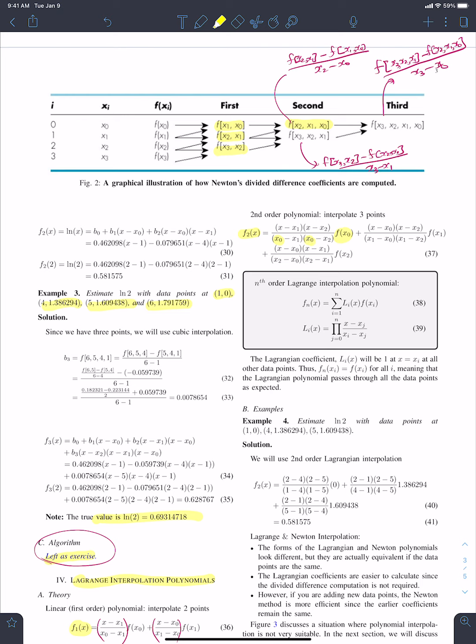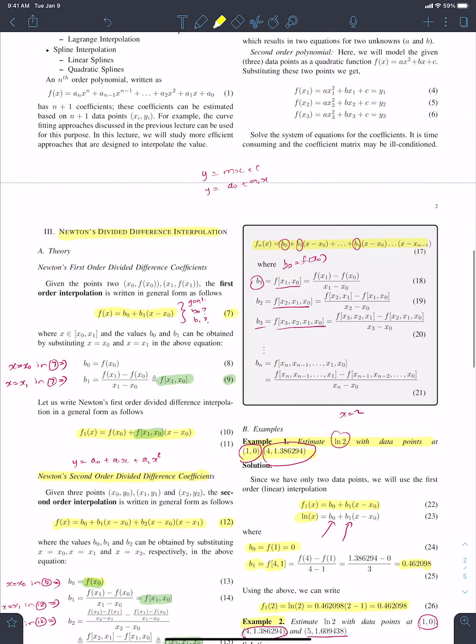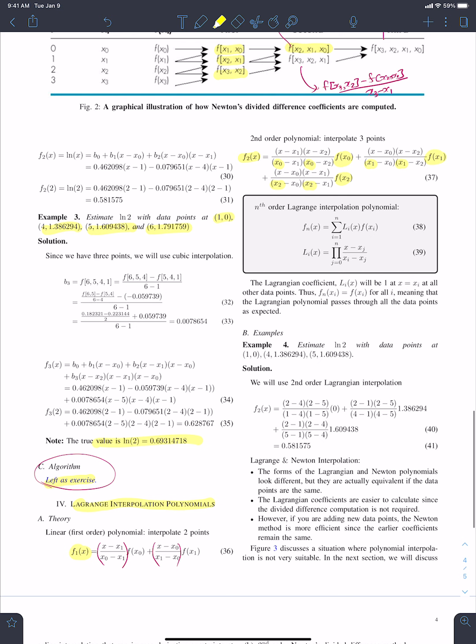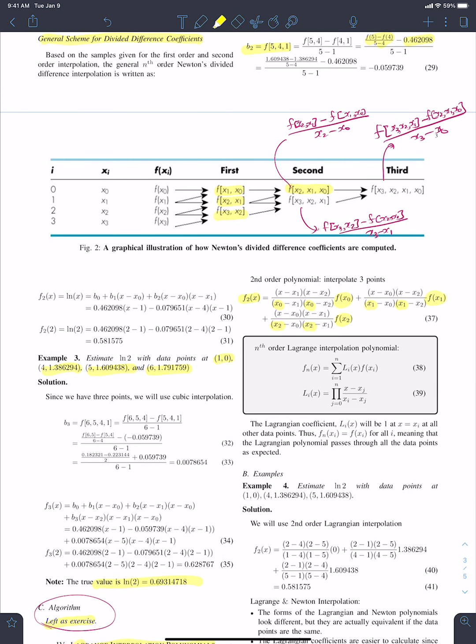Then for f(x1), there is no x1 in the numerator, but everything else is there: x minus x0 and x minus x2, and on the denominator x1 minus x0, x1 minus x2. Again, for f(x2), the denominator is x2 minus x0 and x2 minus x1, whereas the numerator is x minus x0 and x minus x1. So using this, I can write a general formula.